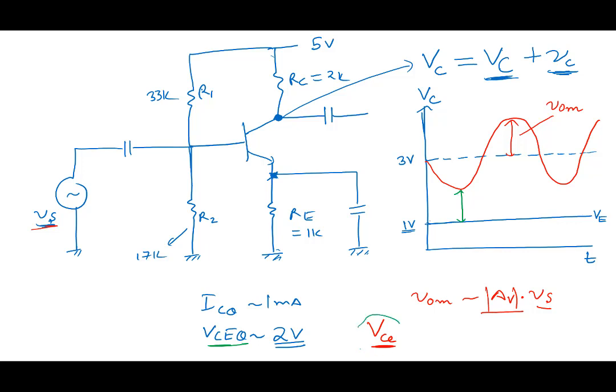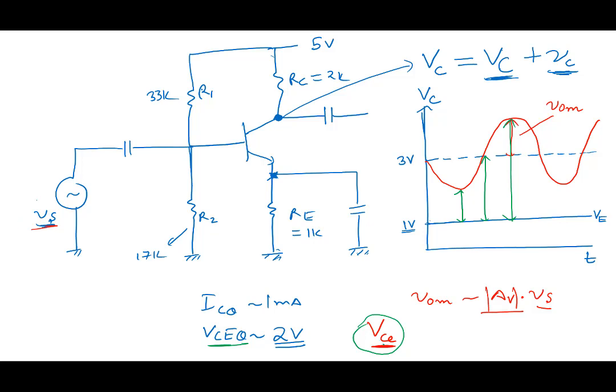This is VCE, instantaneous value of VCE. So here VCE is small. Here it is 2. And what about here? Here it is high. So the value of VCE is going up and down.